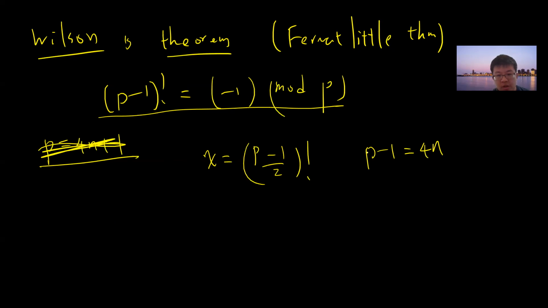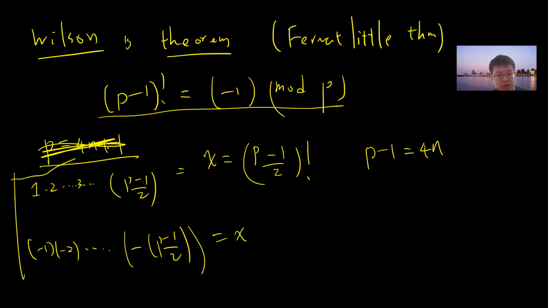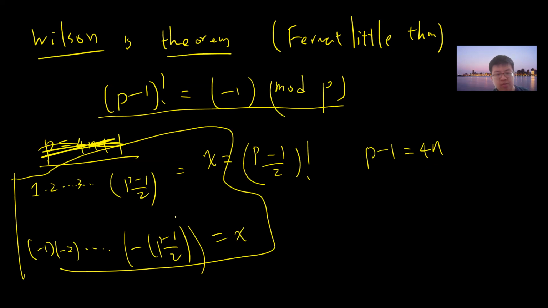So this x is basically 1 times 2 times 3 up to P minus 1 divided by 2. And then you can change it into minus 1, right? So your x can also be written as minus 1, minus 2, up to minus P minus 1 divided by 2. And P minus 1 is 4n, so divided by 2 is 2n, right? So they are always an even number of times minus 1. So these two are okay.